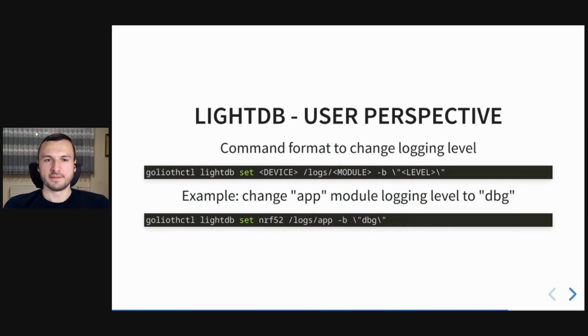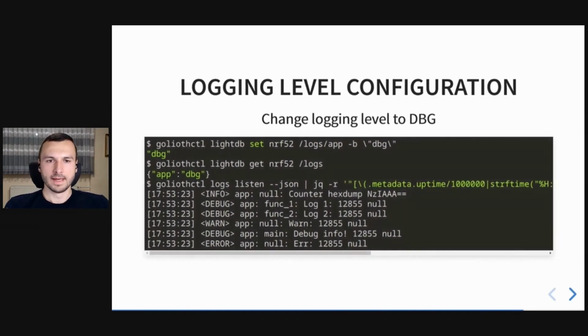From the user perspective, there is the Golioth CTL LightDB command, and we'll just use the set capability. So for the NRF52 device, we'll set the app module to the logging level debug. And this is how it looks on the shell.